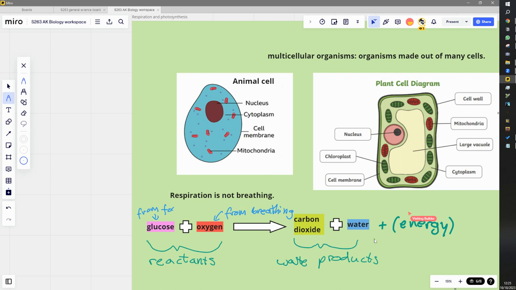Now, we don't necessarily get it directly from all the food. Glucose is a type of sugar, and not all the food we eat has sugar in it, but that doesn't mean we can't use it for respiration. What can happen is you can take another substance like starch and convert it into glucose. Your body can do that.